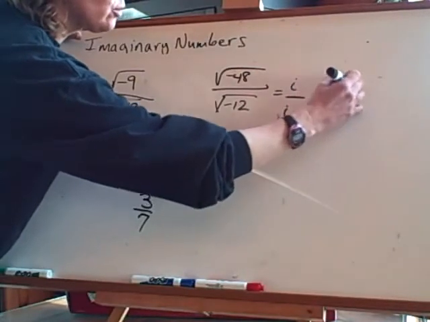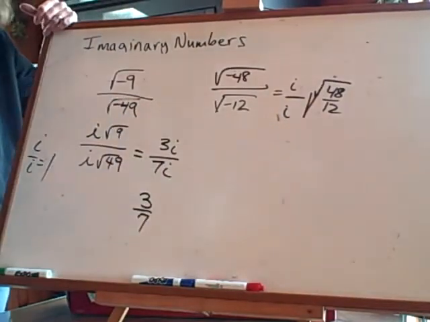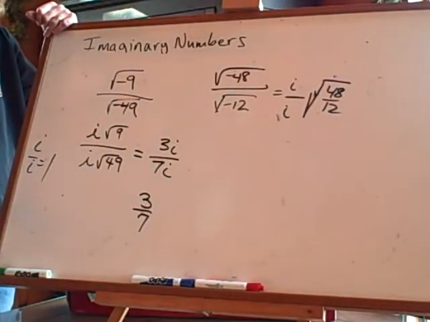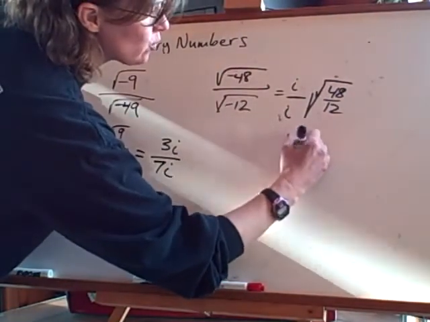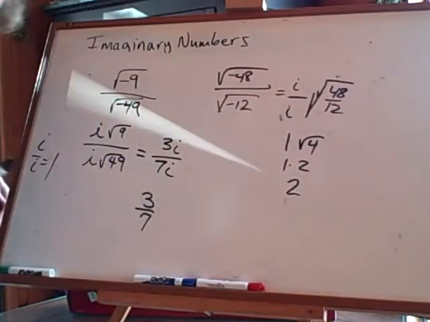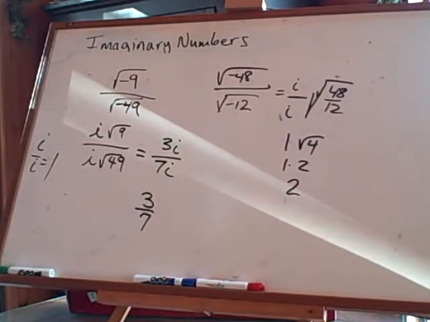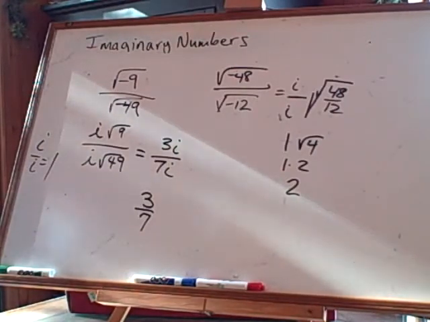And then square root, and I can do it as 48 over 12, right? Just write it as a single fraction, right? So that becomes 1 times square root of 4, which is 2. 1 times 2 is 2. I mean, you could do it different than that, but I kind of like that.